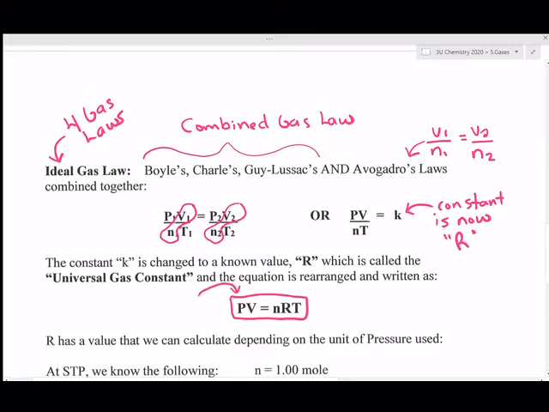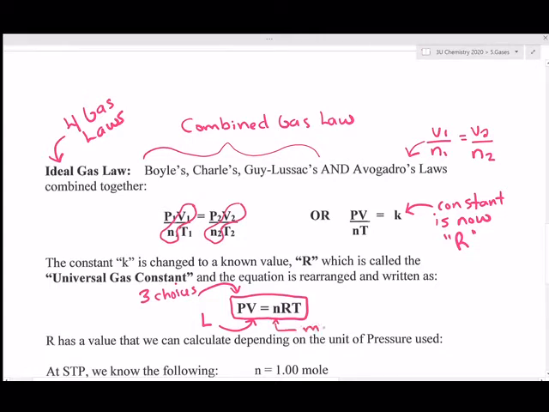P is for pressure, and you have 3+ choices of pressures, like kilopascals, atmospheres, millimeters of mercury, torrs, PSI, that's 5 already. Volume always needs to be in liters, no exceptions.